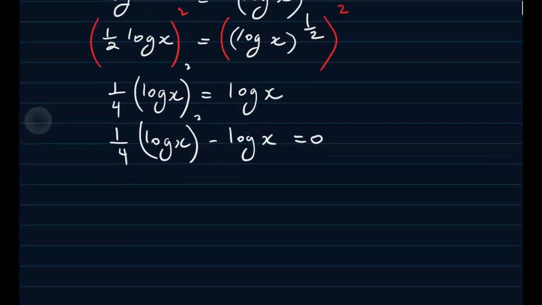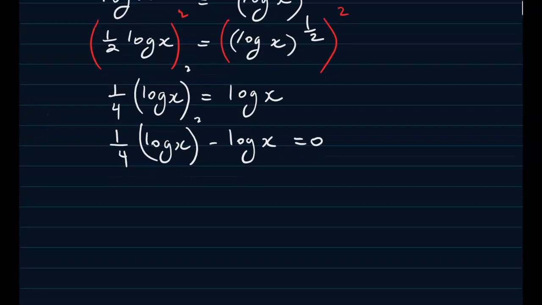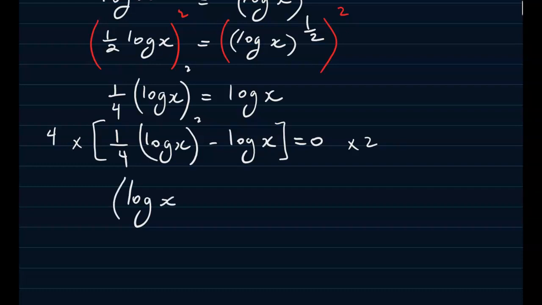We want to get rid of that 4, so we multiply both sides of the equation by 4, and we end up getting log of x, all squared, minus 4 log of x equals 0. By the way, this is supposed to say 4, not 2.